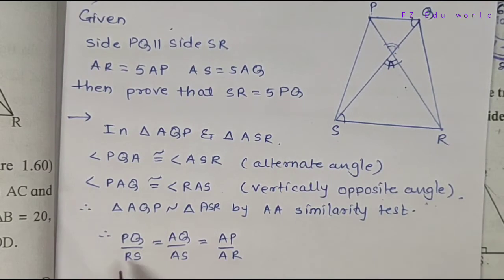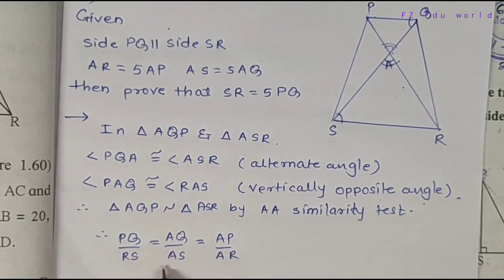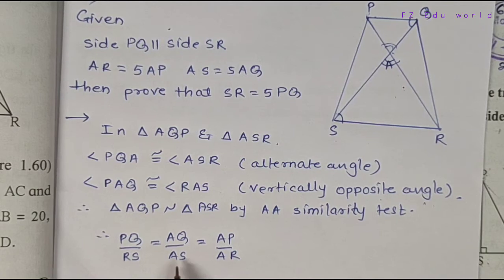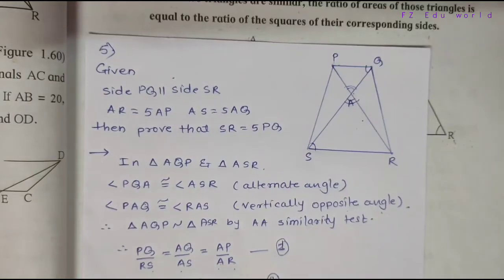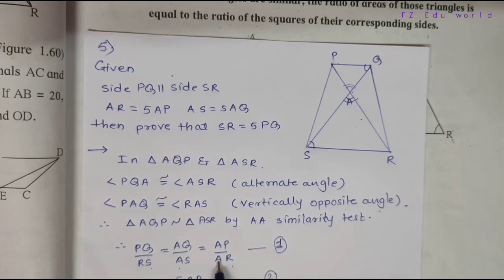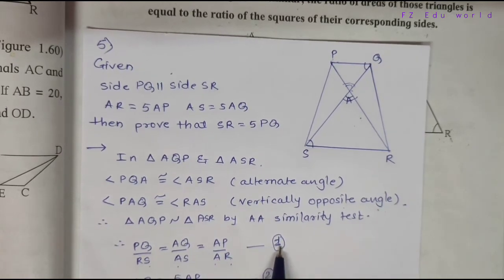Now, since these two triangles are similar, we know that corresponding sides of similar triangles are in proportion. So we can write PQ upon RS is equal to AQ upon AS is equal to AP upon AR. Equation number 1.